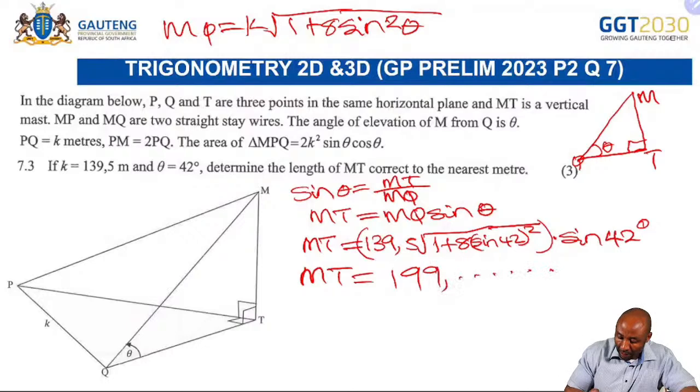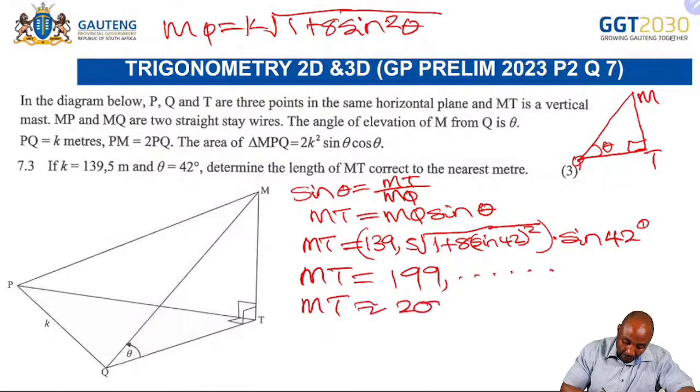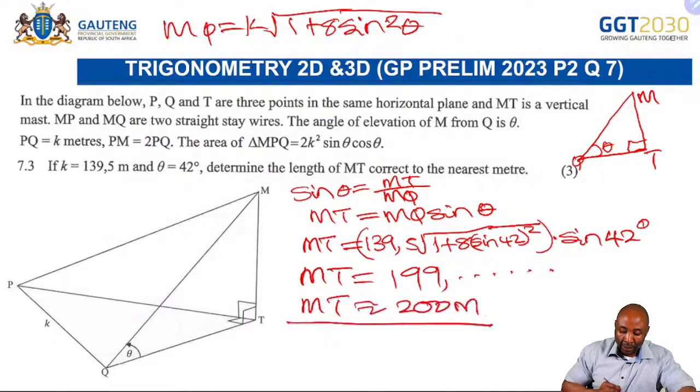When you punch this one in your calculator, you will find the length of MT as 199,0 some meters. And the question was correct to the nearest meter. So to the nearest meter, I think we find our MT as approximately 200 meters.